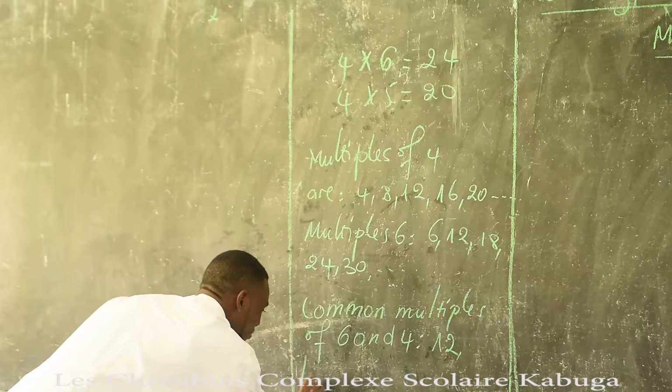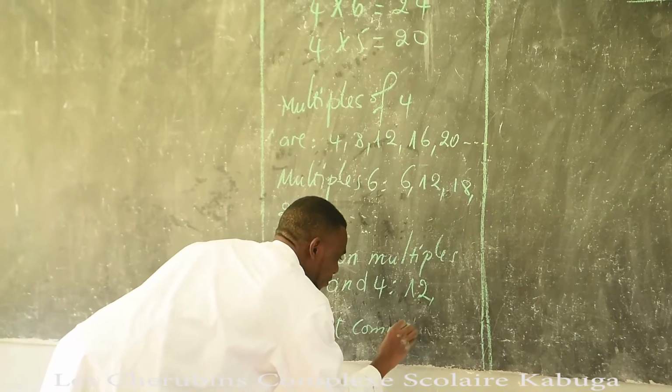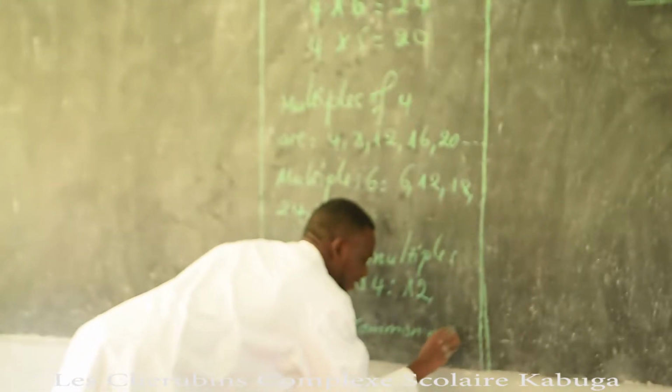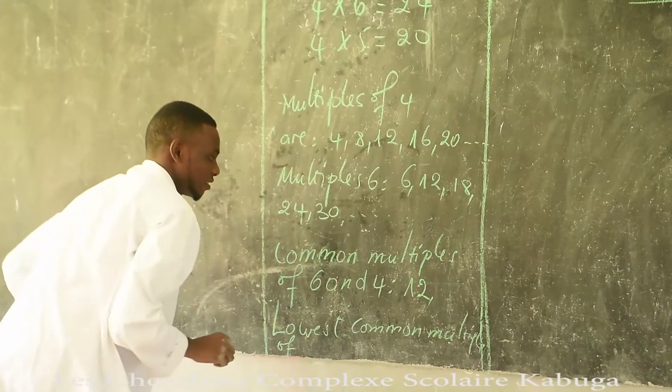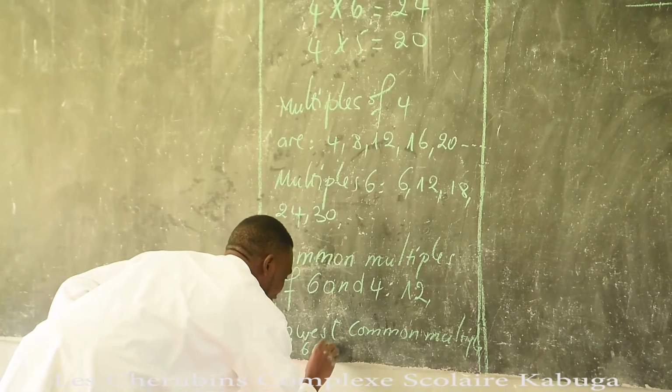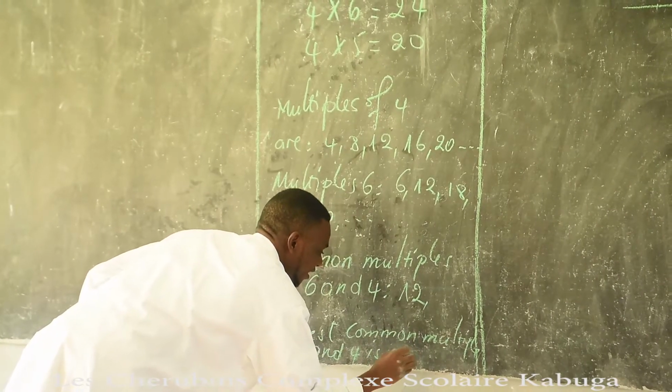The lowest common multiple of 6 and 4 is 12.